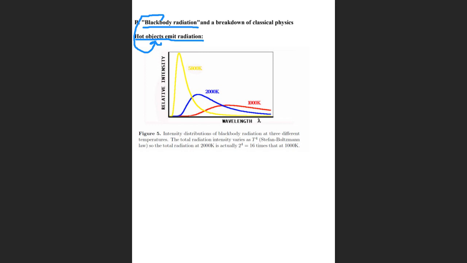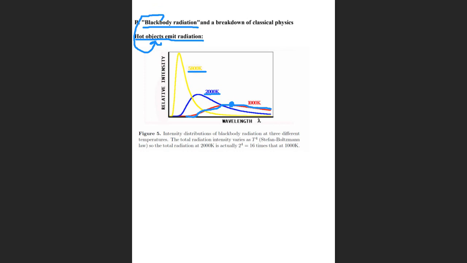So you see, going back to look at the last slide on the handout, that the hotter an object gets, the shorter the wavelength of radiation it emits. Now, it doesn't emit at a uniform wavelength. So, for example, an object at 1,000 Kelvin will emit radiation, but the peak value is at a longer wavelength than the kind of radiation emitted by an object at 2,000 Kelvin or an object at 6,000 Kelvin.